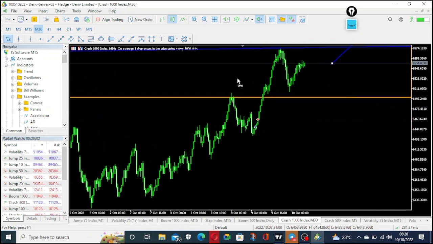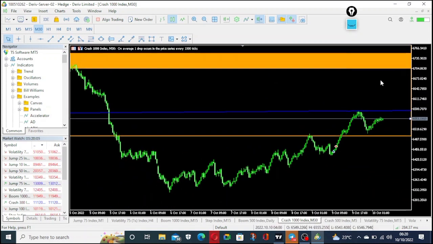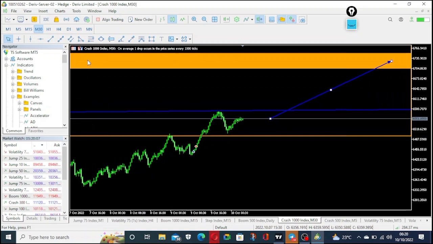At this point you can expect to buy Boom Crash 1000. Meanwhile, I personally want to see it break out the structure before I buy. So that is it for Crash 1000.